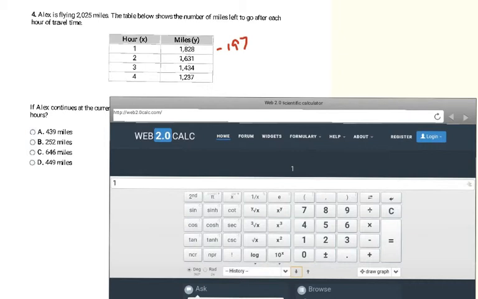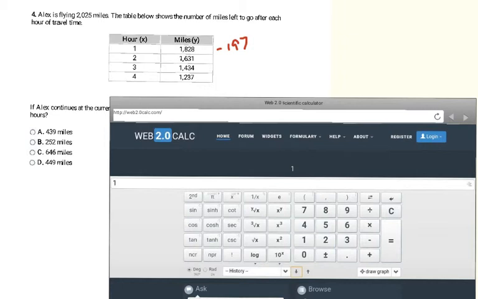And I just want to see if that holds true for every line here on out. So I'm going to take 1,631 minus 1434, and that matches my 197. So I'm going to check out the last one.